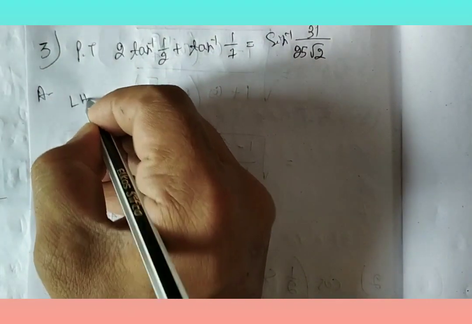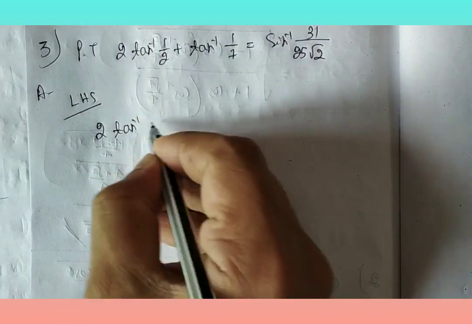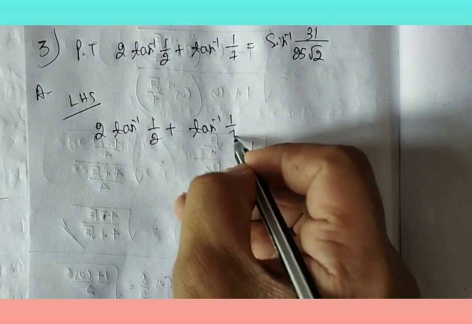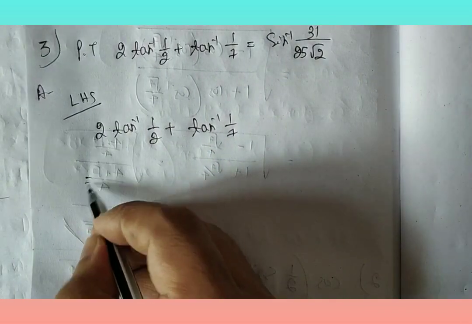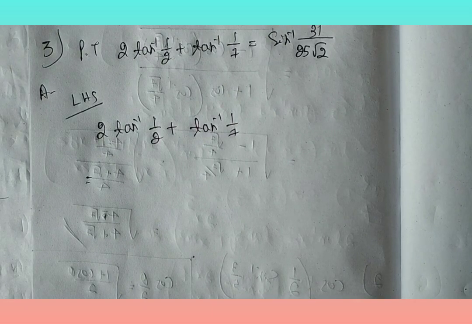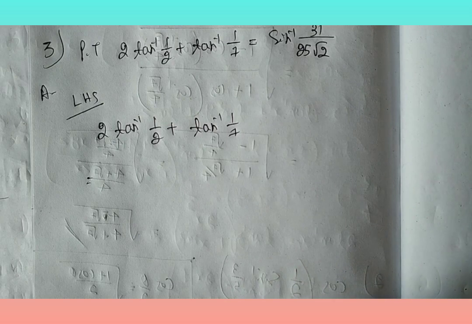Taking the left hand side, it contains 2 tan inverse 1 by 2 plus tan inverse 1 by 7. If you want to apply the type 6 formula, then tan inverse x plus tan inverse y is equal to tan inverse x plus y divided by 1 minus xy.